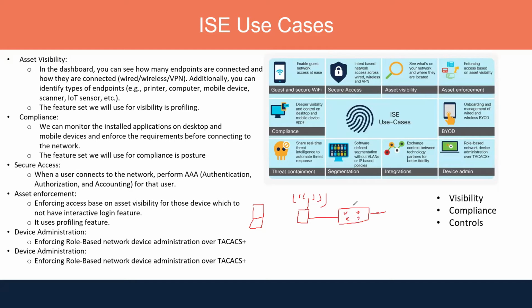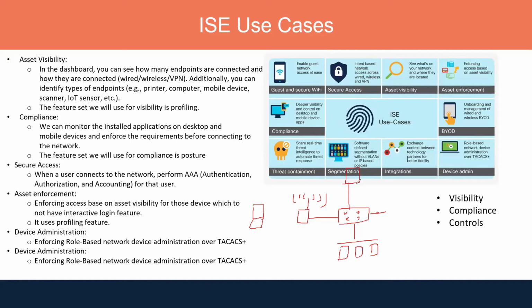On the network, he wants to access all the internal resources. So when he is in office, at that time, who is going to check the compliance? Do you have any option on your wireless LAN controller that can do all those security checks? No. On the wireless LAN controller, you don't have all this. So at that time, we use ISE over here.